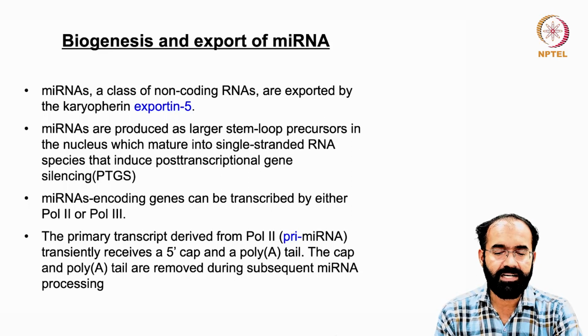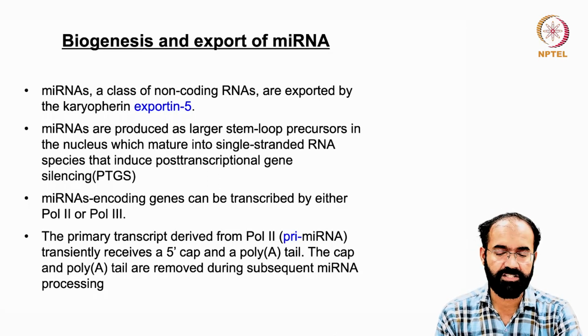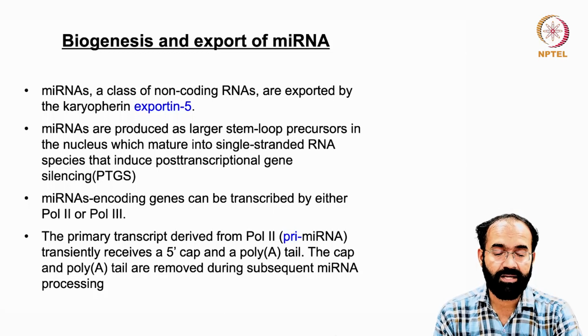The primary transcript derived from polymerase 2, we refer to as pri-miRNA, that is primary microRNA, and it transiently receives a 5' cap and a poly A tail because that is embedded inside the intron of some other gene. The cap and the poly A tail are removed during subsequent microRNA processing.